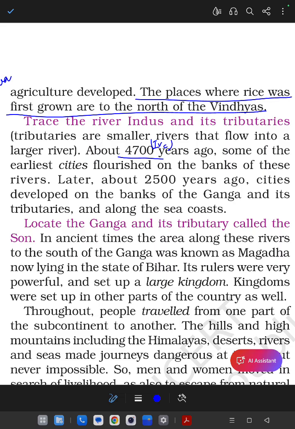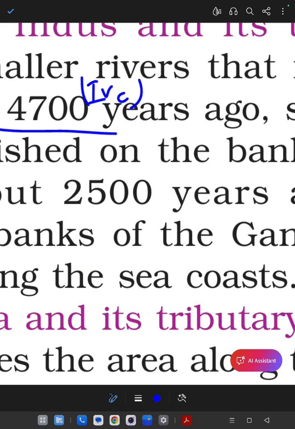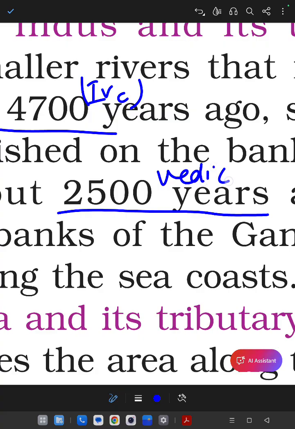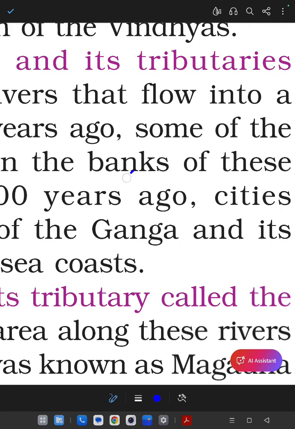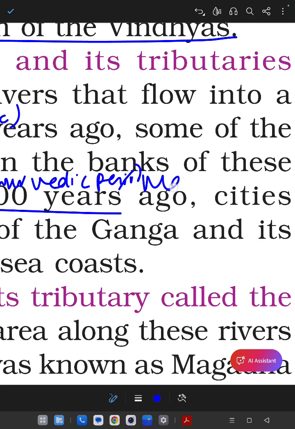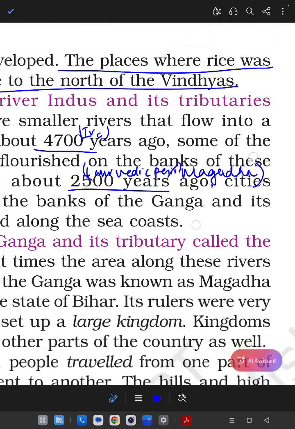The next is, later about 2,500 years ago, cities developed on the banks of the Ganga and its tributaries and along the sea coasts. So what is this talking about? This is talking about the Vedic period, or we can say the later Vedic period, and includes the Magadha age, the Janapadas.